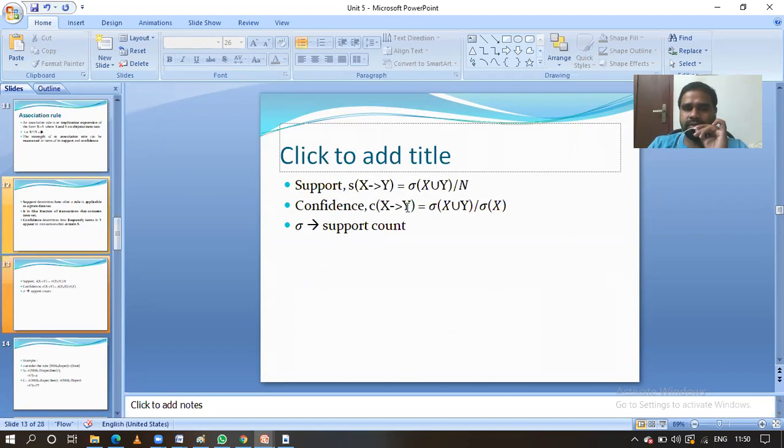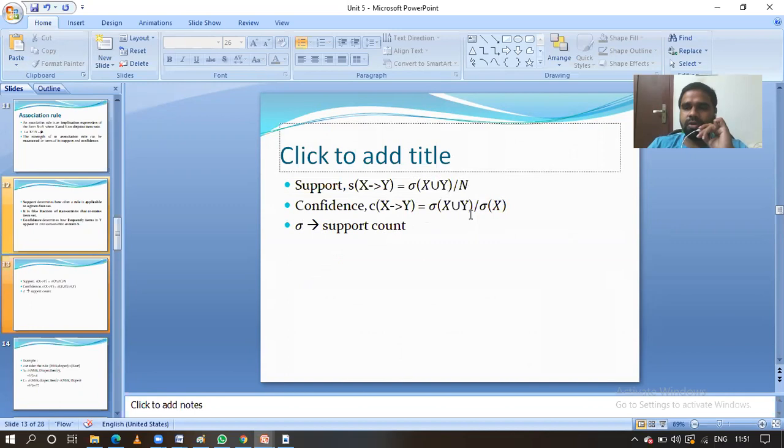Coming to the confidence for X to Y, the numerator is the same, support count of X union Y, but the denominator varies, guys. For the support we use the number of transactions as the denominator. For the confidence, we use the support count of X. This is the symbol for the support count, guys.